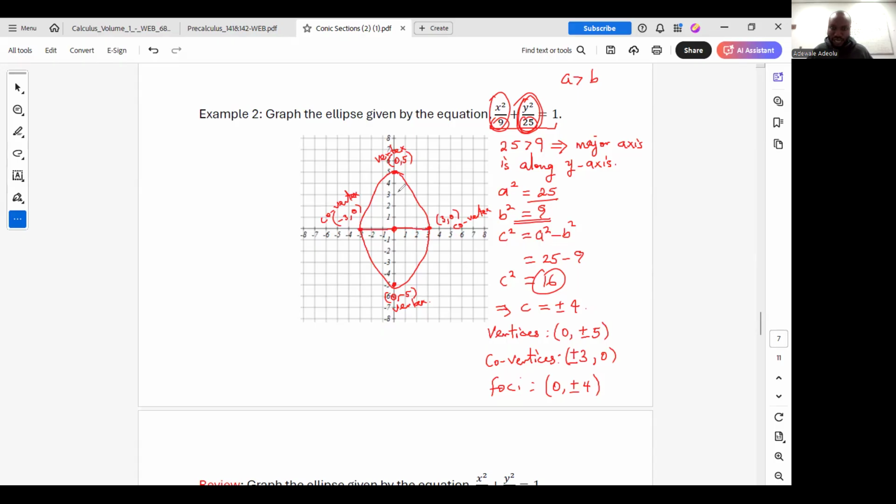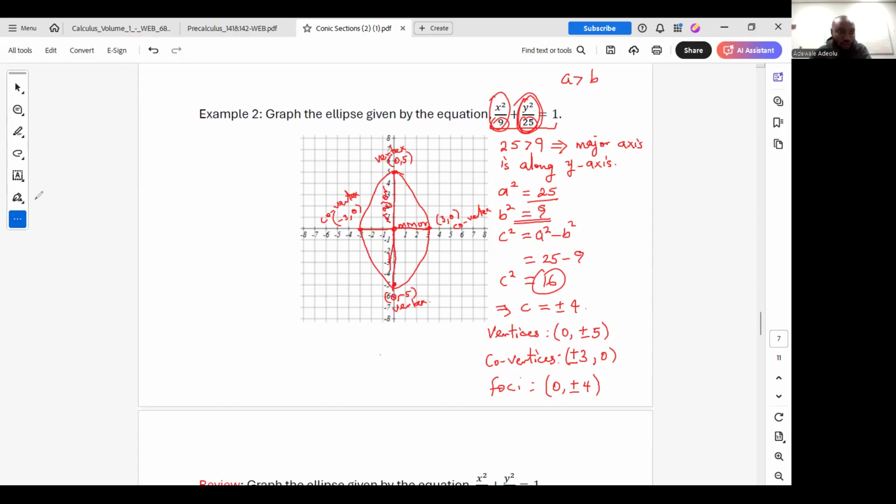Well, minor axis and major axis. So here is minor, and this is major axis. Now, that is our ellipse for this situation. I hope this makes sense to you.